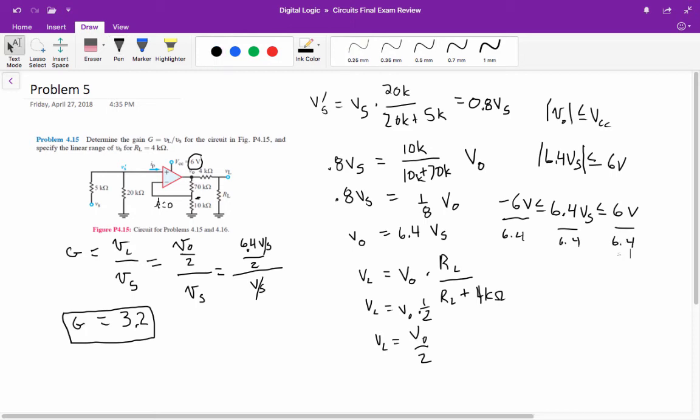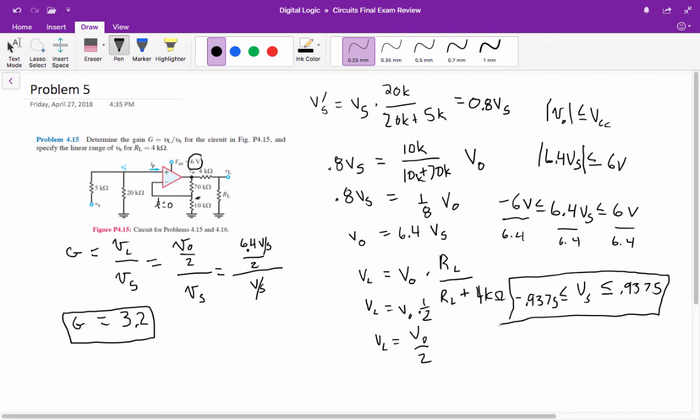And 6 divided by 6.4 is 0.9375. So that is the linear range for this op amp.